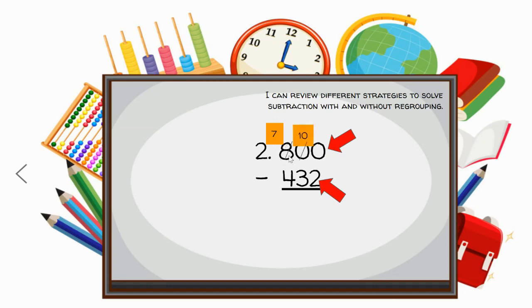Now, what do I need to do here? I have 10, but this 10 needs to give my friend in the ones another one. So what am I going to do with this 10? I'm going to mark it out and write a 9. And why is that? Because I'm going to give 1 to my friend in the ones.